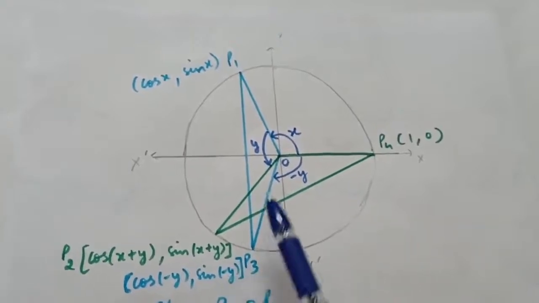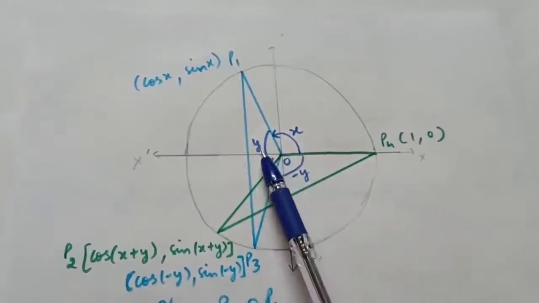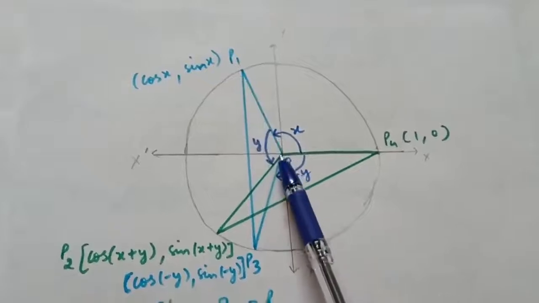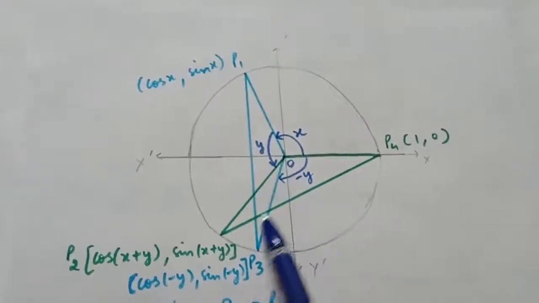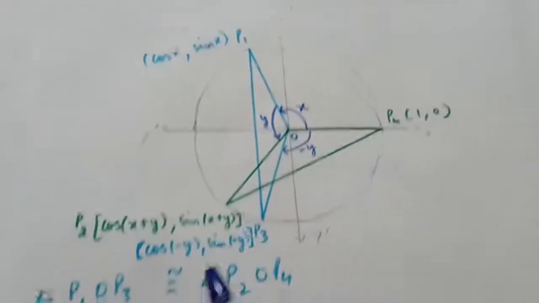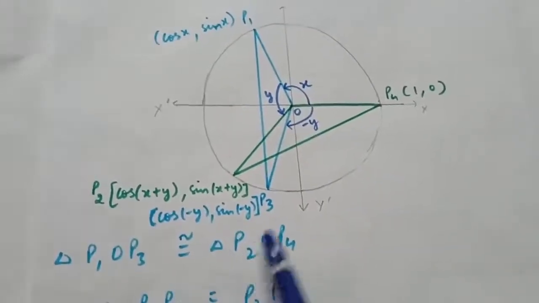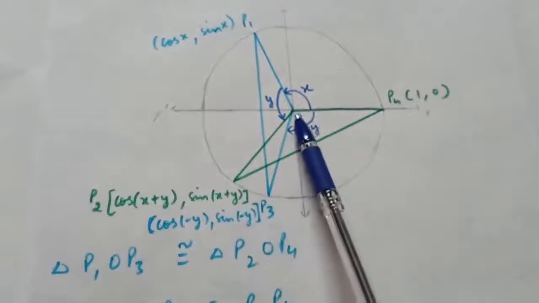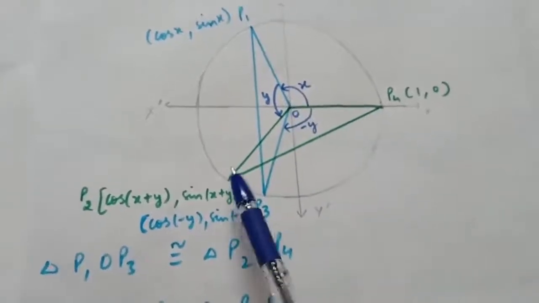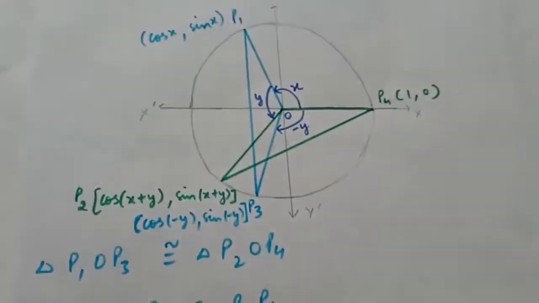Right? Now see, these two triangles with the blue pen and the green pen are congruent. That is, the triangle P1 O P3 is congruent to the triangle P2 O P4. Why?